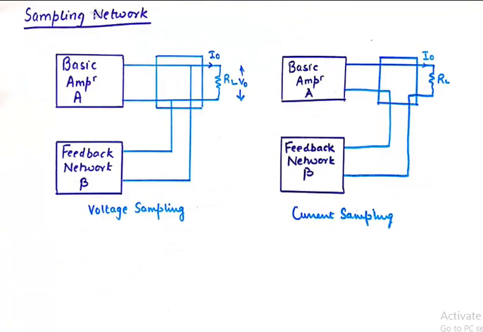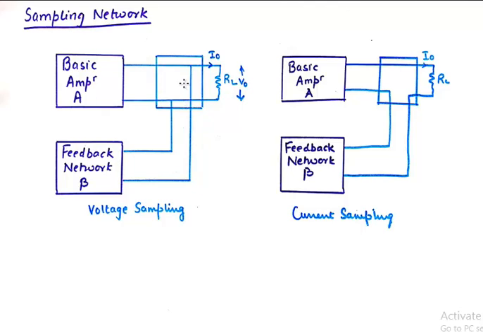Now, having understood the 4 types of nomenclature that could stem out of this block diagram of a feedback amplifier, let's see how a sampling network can be classified. Now, as I mentioned, there could be 2 types of sampling. We could either take voltage from the output and feed it to the feedback network, or we could take current. So depending upon if we take the voltage, the connection will look something like this.